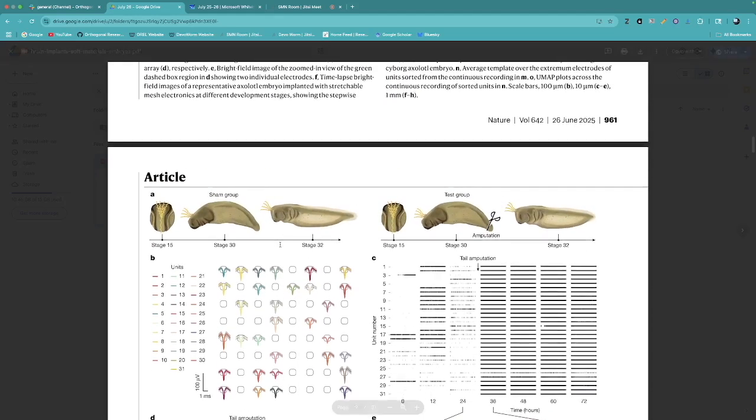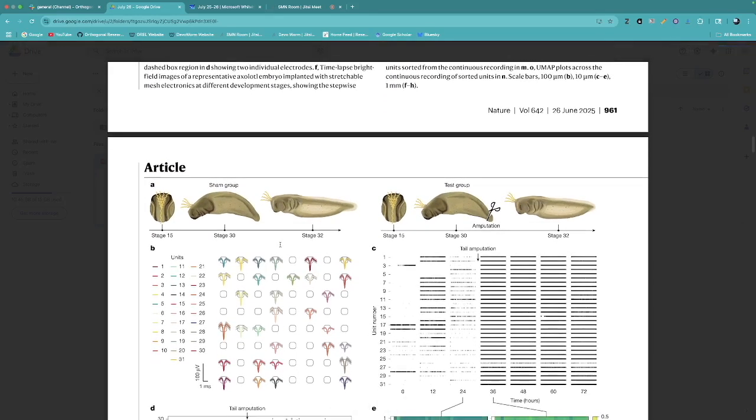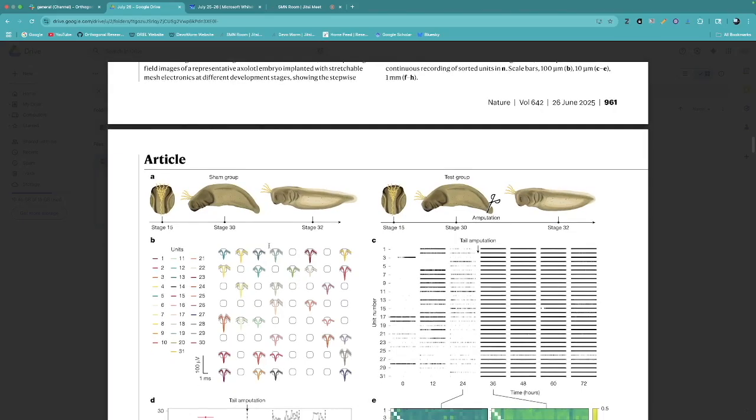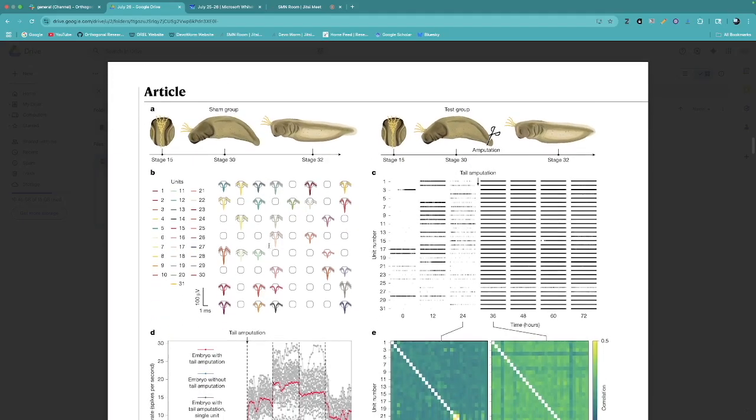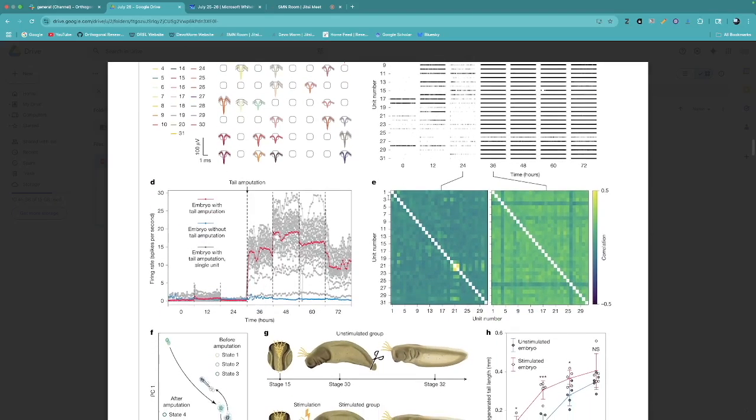In this figure, they do actually have some interesting results from amputation studies. So this is where they have the implant, and then they amputate the tail in this group. But in this group, it's a sham. So they measure the firing rate of these neurons.